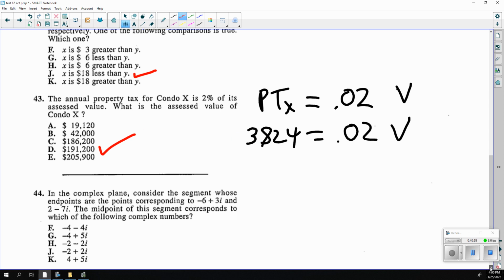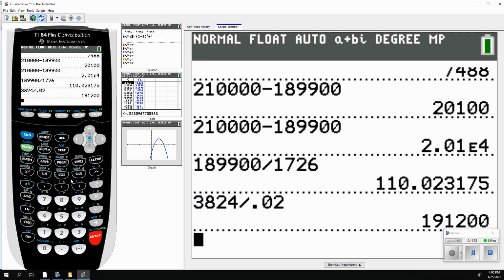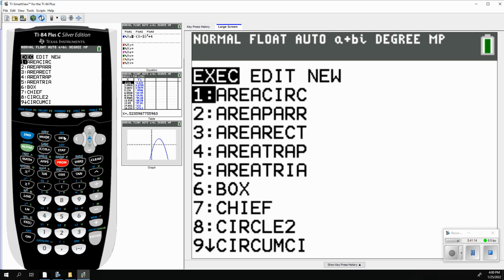This is the oddest ball I've ever seen, but if you're thinking it's the midpoint of -6 and 2 and 3 and -7, you can actually use midpoint formula for that.